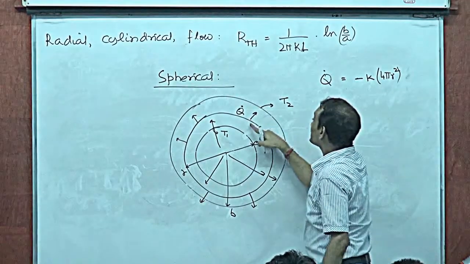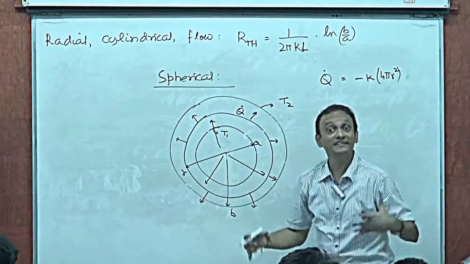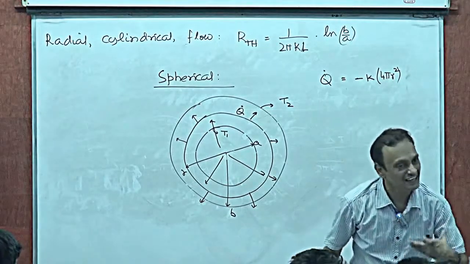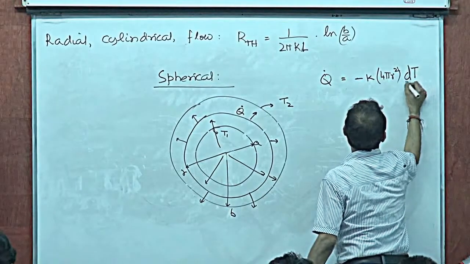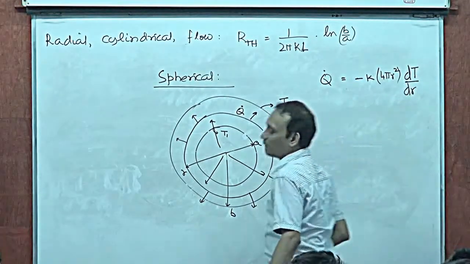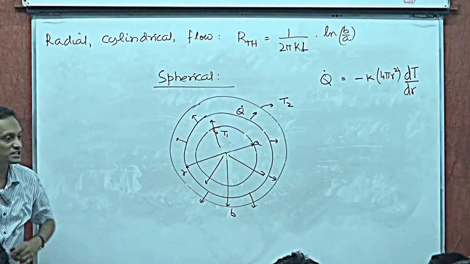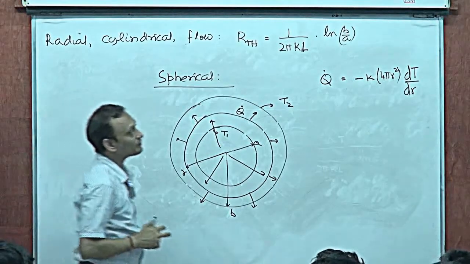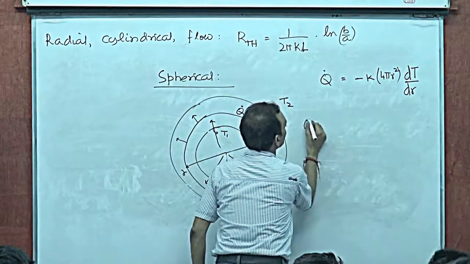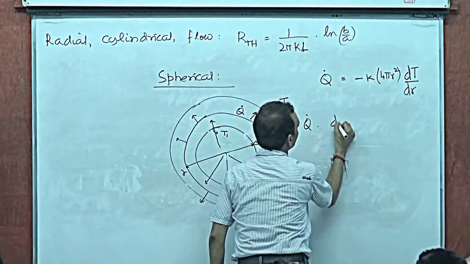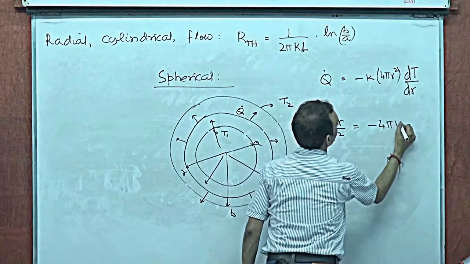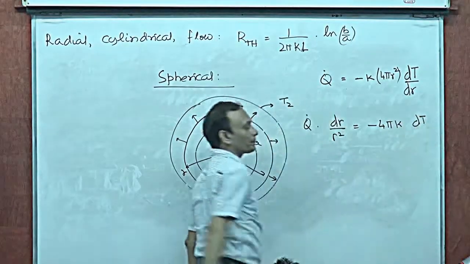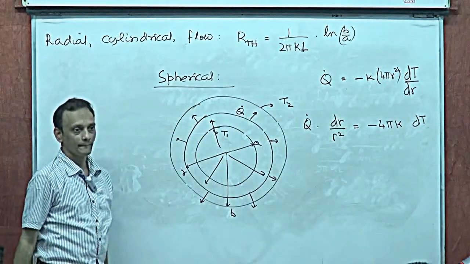And T would be a function of R in this case, and the temperature gradient at R is going to be dT dr. Does it make sense to you? Again, Q dot into dr by r squared is minus 4 pi K dT. Right?